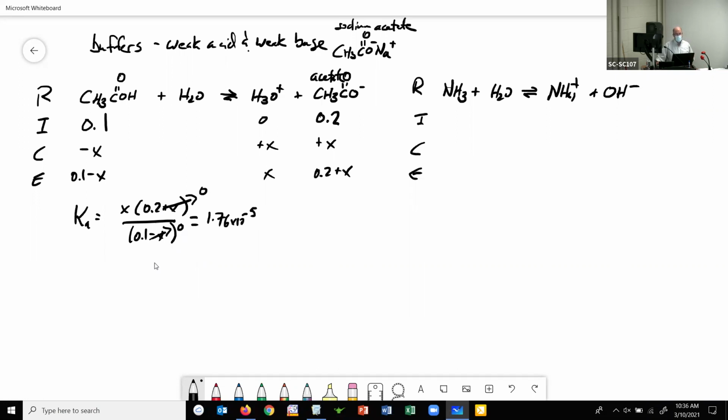And now the math gets really easy. X equals 1.76 times 10 to the -5 times 0.1 divided by 0.2, so essentially dividing by half. 1.76 times 10 to the -5 divided by 2.